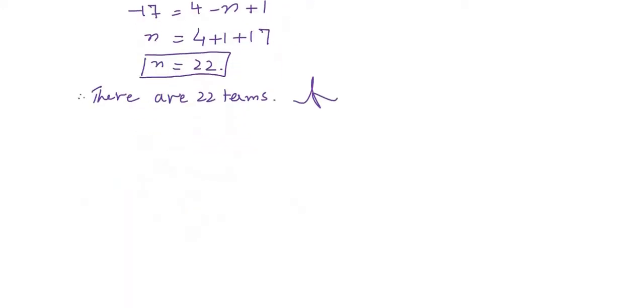In question number 6, let's see question number 6. Which term of the sequence -3, 3, 9, 15 and so on is 75 is part 1, and the second part is 6m minus 15.